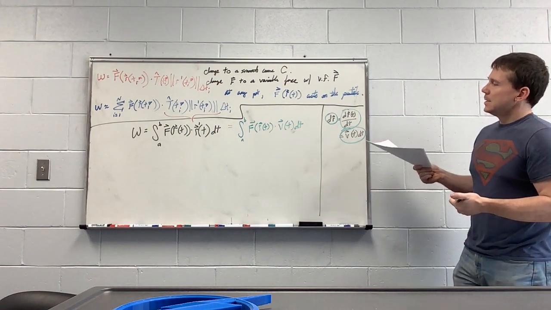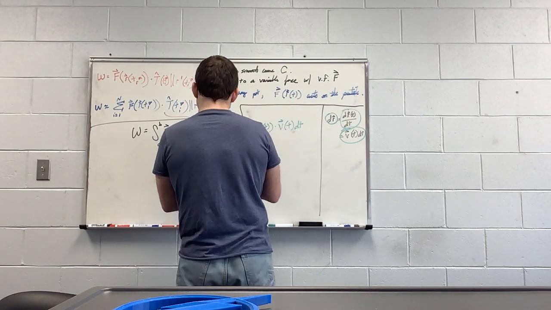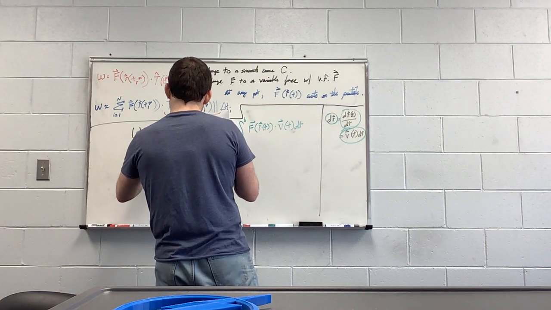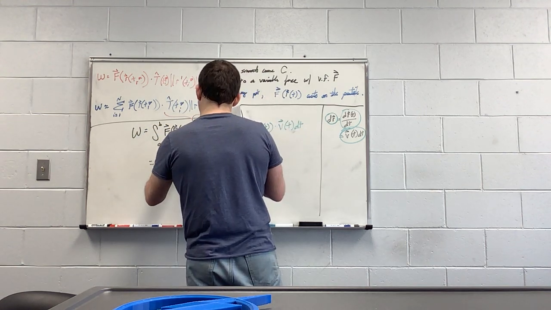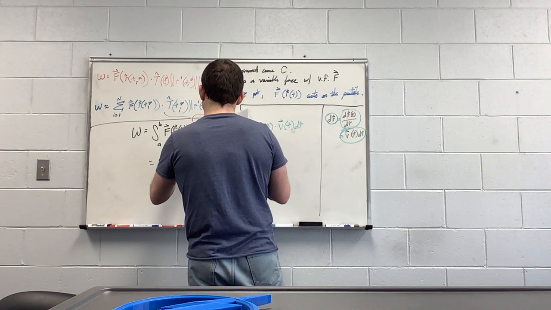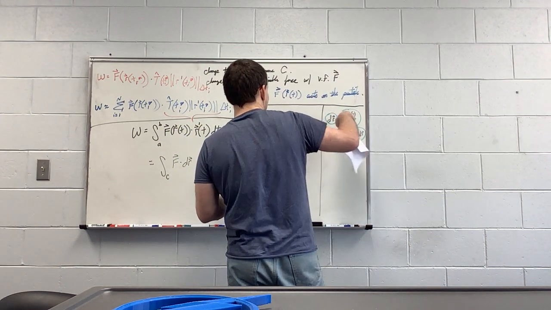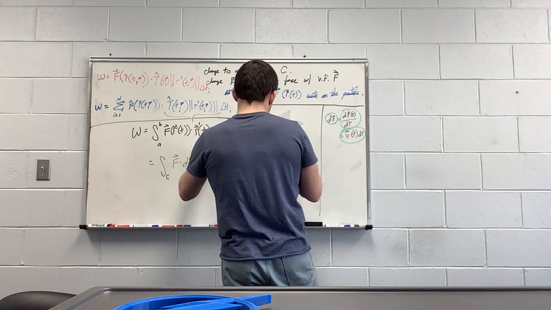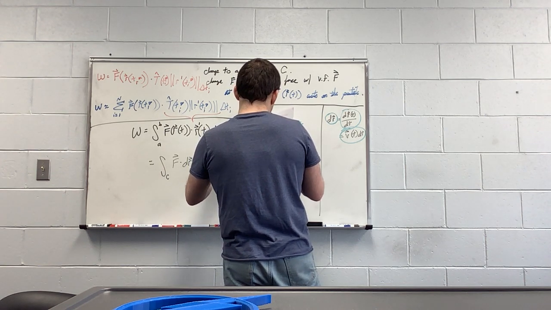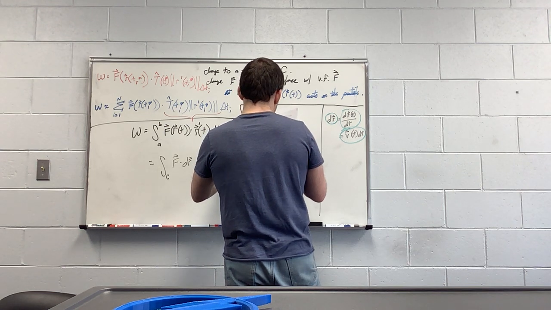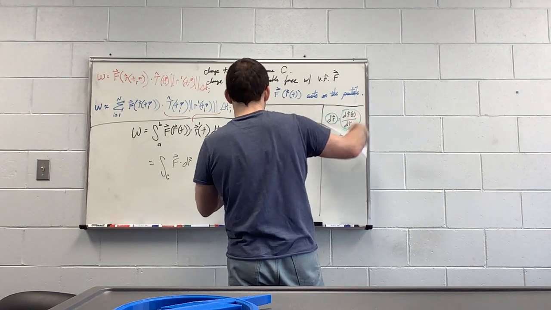But what it means is, over here, I can rewrite this another way as the integral along the curve f dot dr. But now I know dr is equal to this, so I can rewrite this as the integral of f of r of t dot dr dt, using that notation.